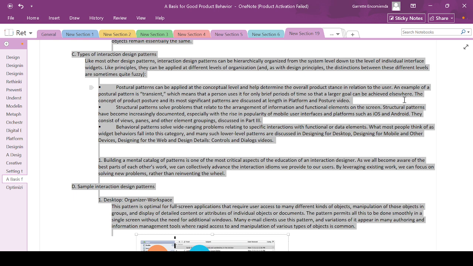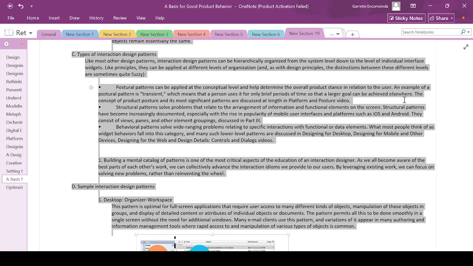Structural patterns solve problems that relate to the arrangement of information and functional elements on the screen, kind of like in the visual design chapter. Structural patterns have become increasingly documented, especially with the rise in popularity of mobile user interfaces and platforms such as iOS and Android.